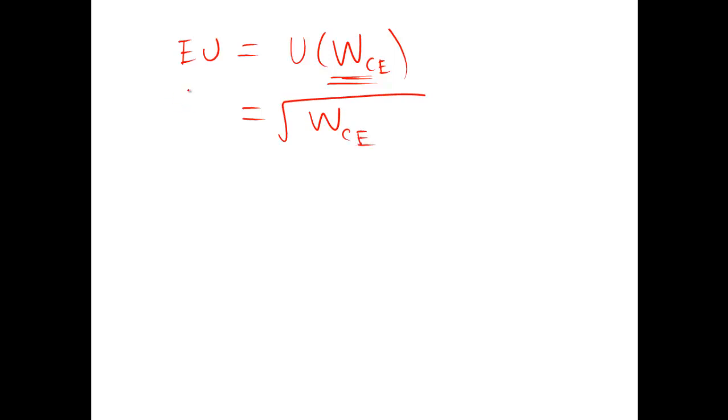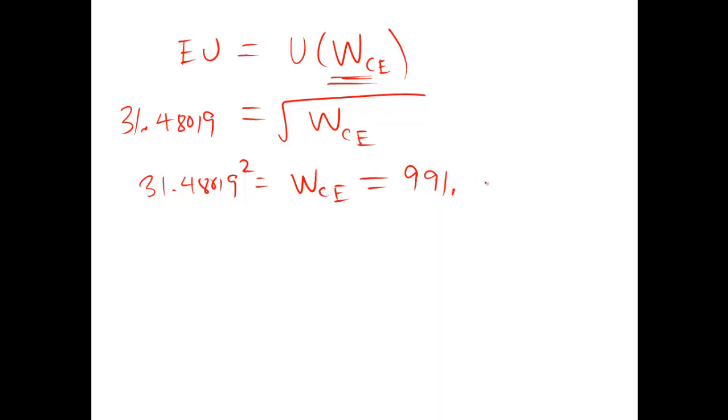We know that that expected utility amount that we calculated before was 31.48019. So that also means that if we square that, that'll be our certainty equivalent wealth level. And sure enough, if we use a calculator, we find that that answer is about 991 and some change, 0.002 or something. Now, what does that tell us?